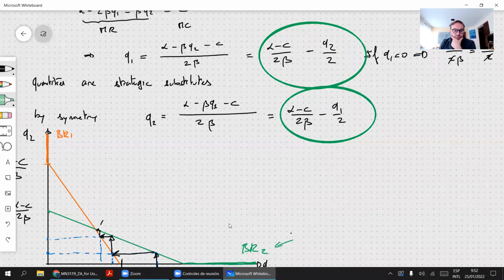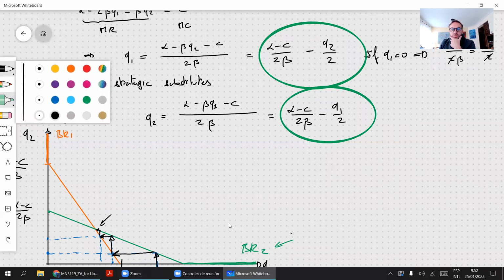Right. So we need to compute this point. And to compute it, what we need to do is to find the best response to the best response.